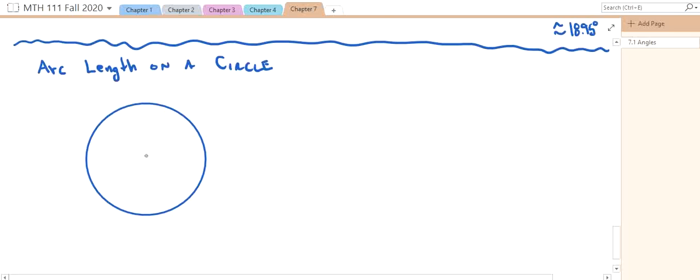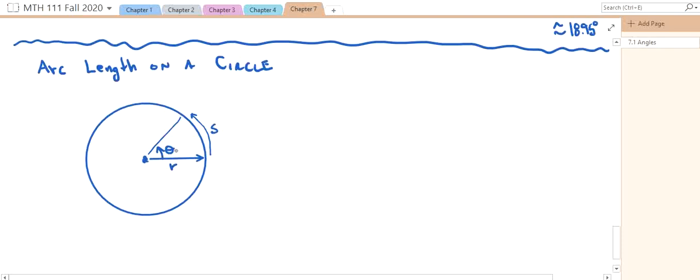Okay, so suppose I have the center of the circle here, and we have radius of this circle, r, and we turn this thing enough so that we have exactly r here, or just some length, not necessarily r, but some length along the outer edge. That's going to create an angle here.